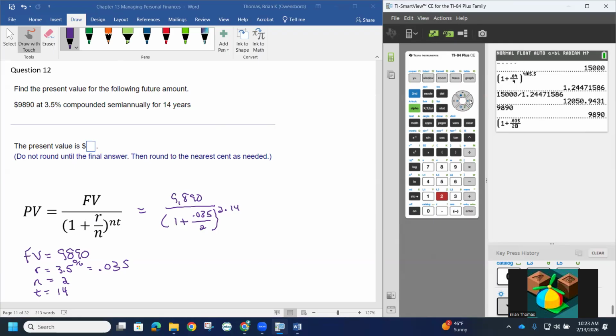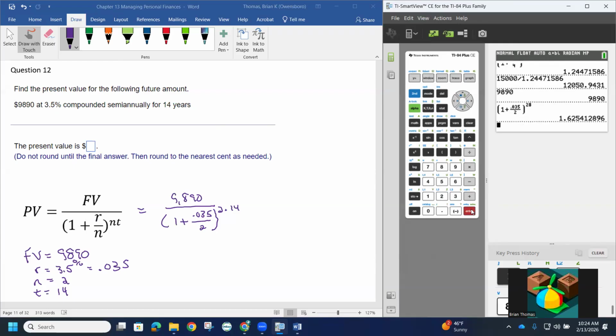Come out of the denominator with my directional pad arrow, close my parenthesis, and then I need an exponent. I know that 2 times 14 is 28, so I'll put a 28 there. Hit enter, and that's the denominator.